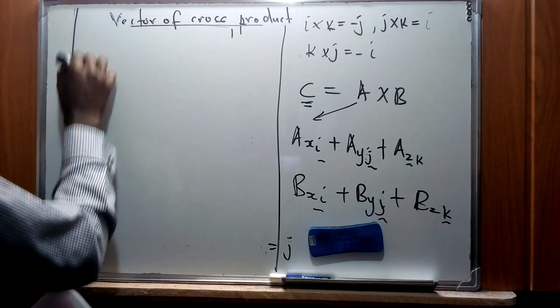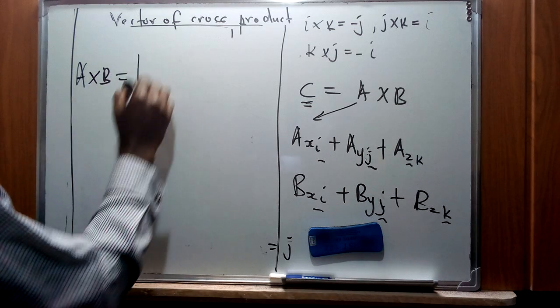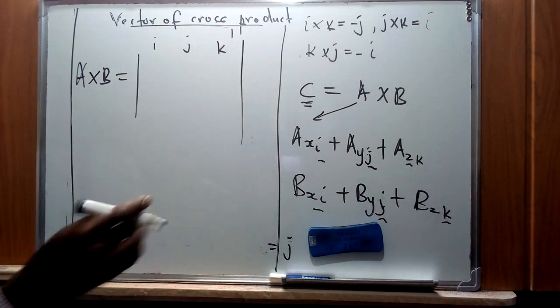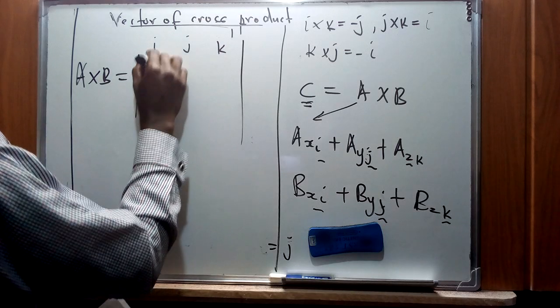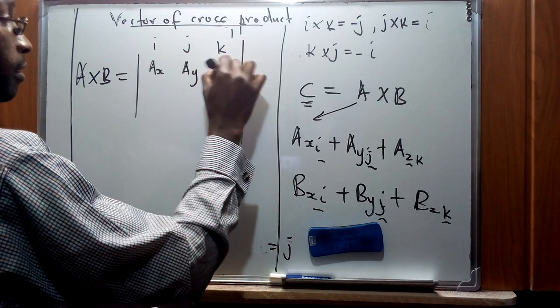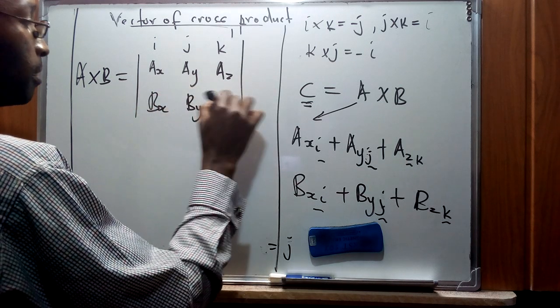We can just generally illustrate that by using the concept of a determinant, by writing those specific components for i, j, k: Ax, Ay, Az, Bx, By, Bz.